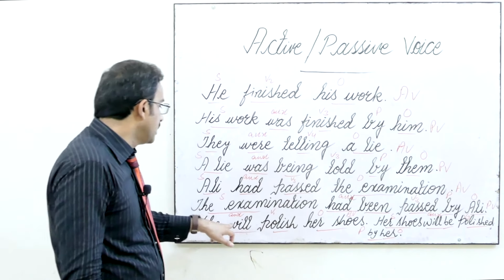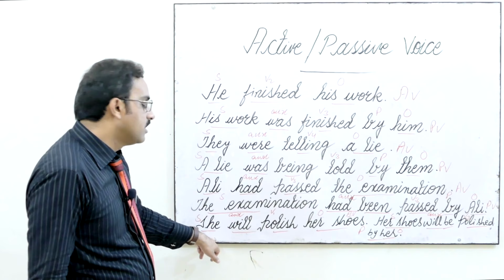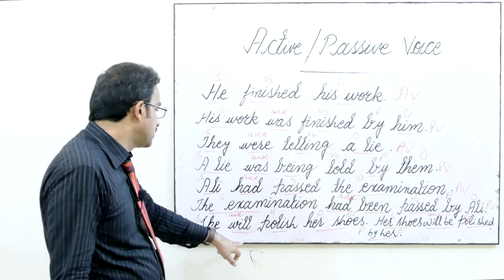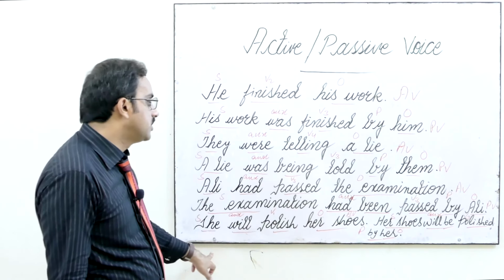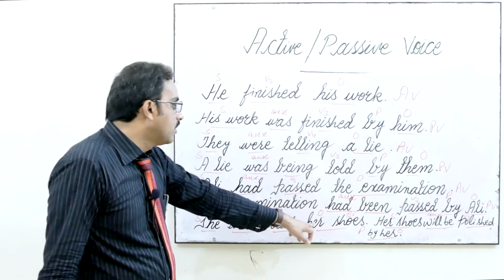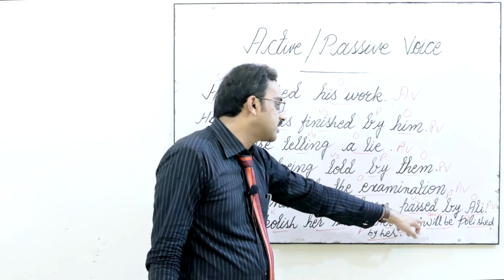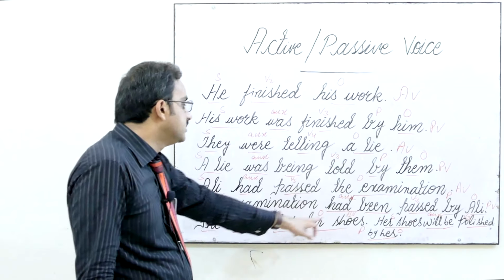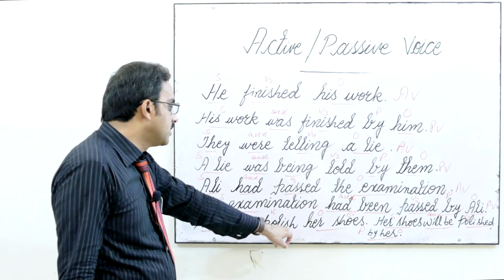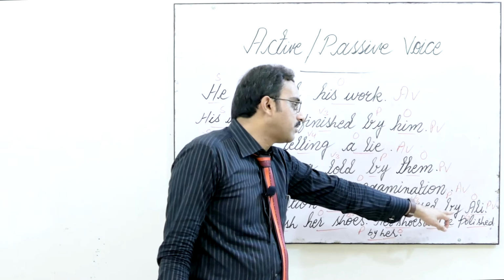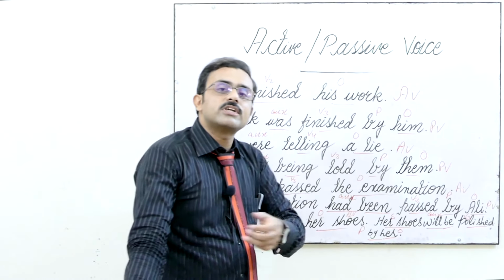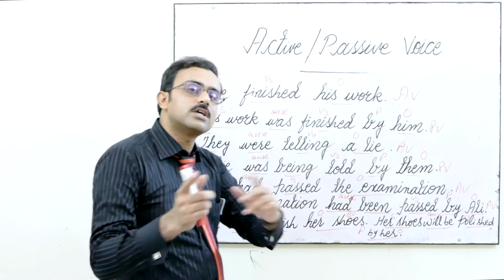First of all, she was your subject, and now she will polish her shoes. She was your subject, but in passive we did what? We took object her shoes as the subject, then auxiliary will we changed into will be, and then first form of verb polish, we took third form of verb polished, because you know in passive voice you have to use third form of verb.